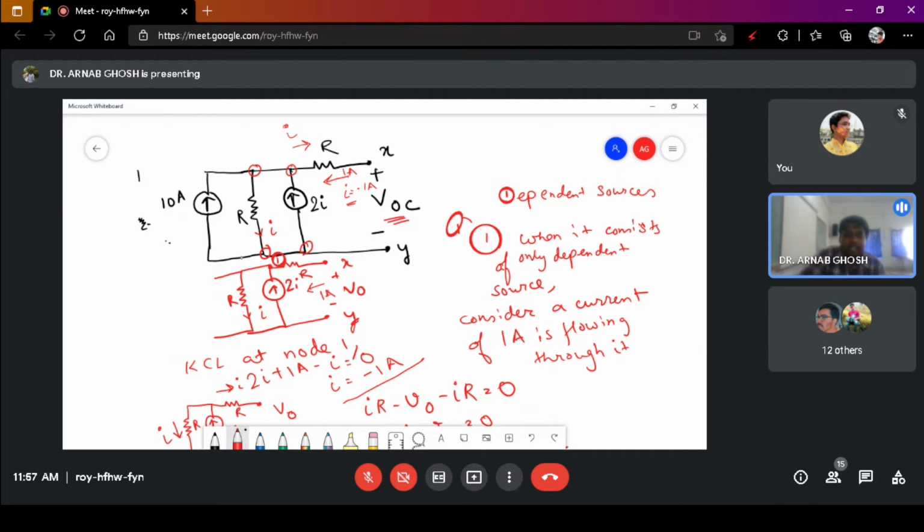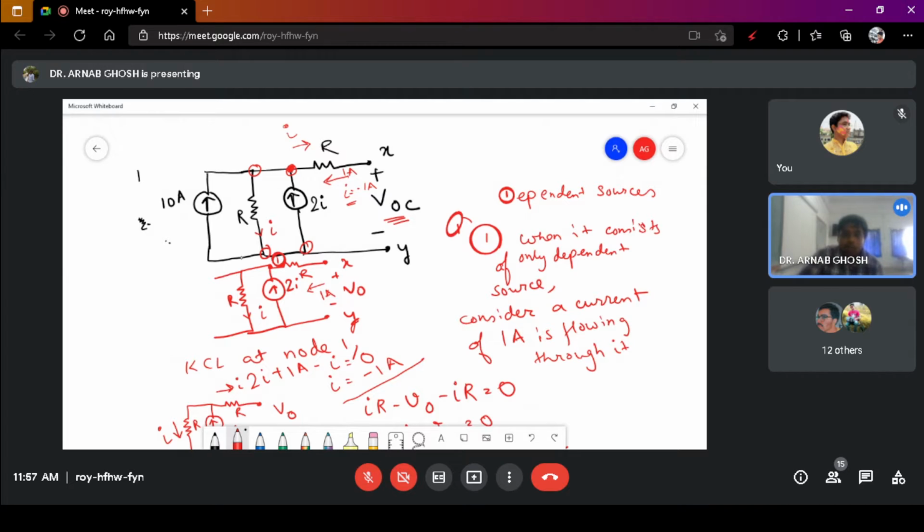So if we are calculating from the first circuit, we apply KCL at this node by considering the independent source. First we considered the dependent source and calculated the internal resistance. Now we have considered the independent source, and we are calculating the open circuit voltage.